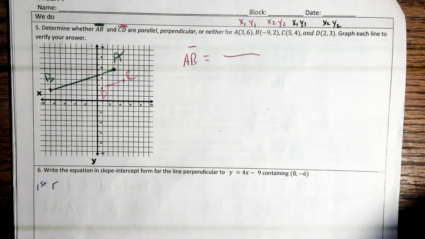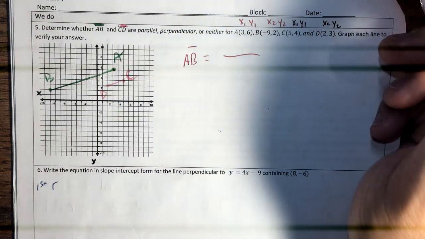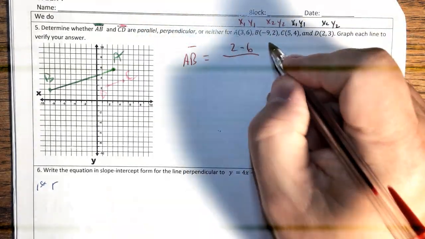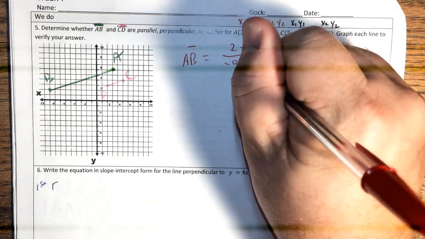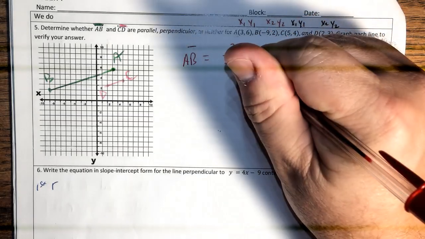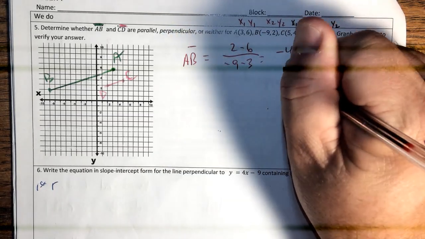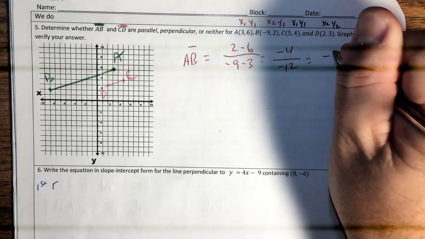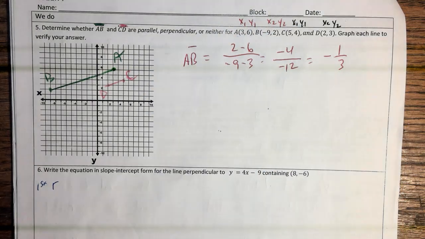So for AB, we've got 2 minus 6 on top, negative 9 minus 3 on the bottom. 2 minus 6 is negative 4. Negative 9 minus 3 is negative 12. And this will reduce down to negative 1/3.